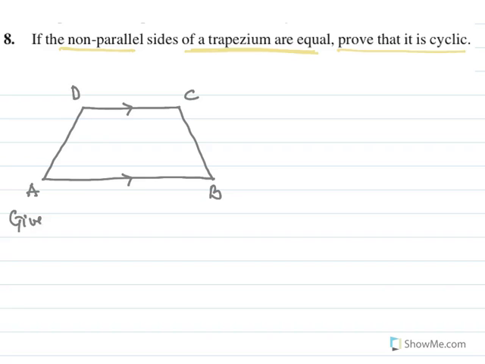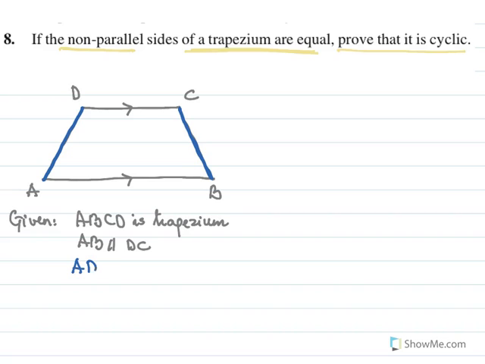So we say given: ABCD is a trapezium where parallel sides are AB parallel to DC. Now the non-parallel sides are AD and BC, and they say AD and BC are equal. AD is equal to BC, so let's write that.